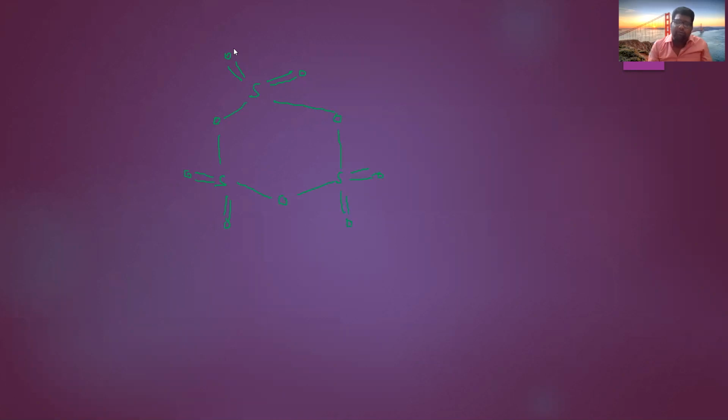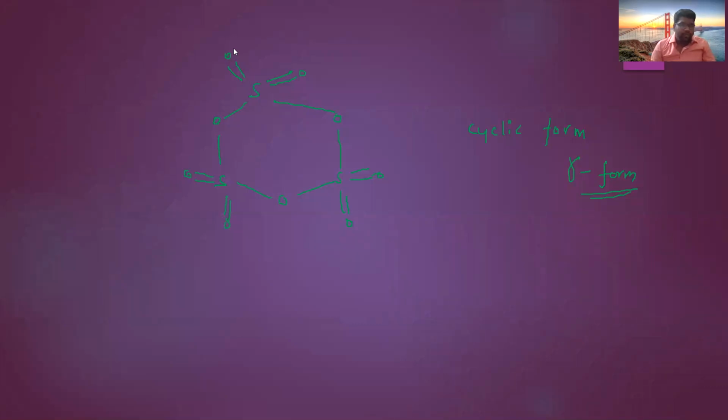This is the cyclic form, mainly the gamma form. Cyclic structure is possible only for the gamma form.